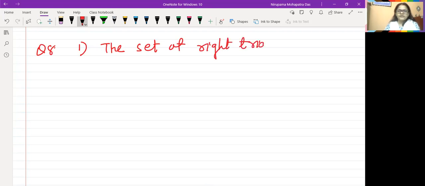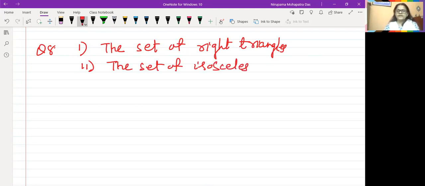The set of right triangles in the plane, and the second part is the set of isosceles triangles. So what universal set should you propose? It means which set can be the superset of these two.